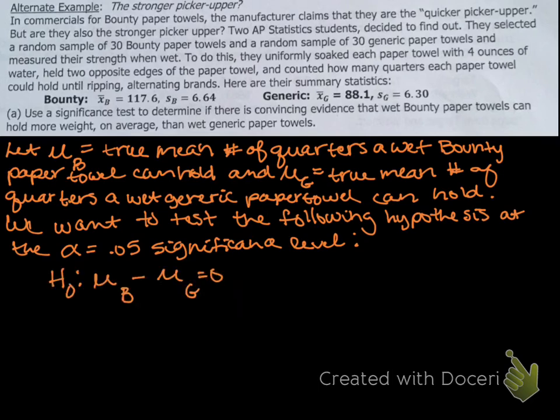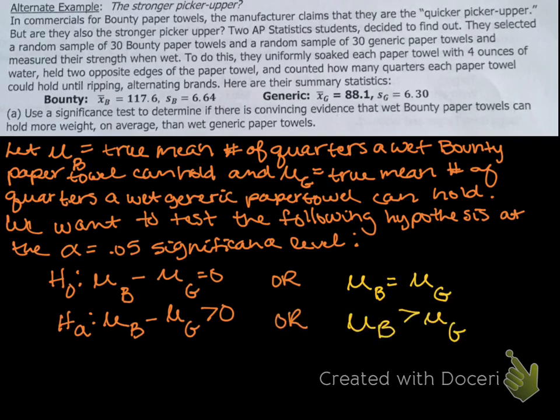My null is mu sub b minus mu sub g equals 0, or preferably, what I prefer, mu sub b equals mu sub g. The alternative is mu sub b minus mu sub g is greater than 0, or mu sub b is greater than mu sub g. Again, I prefer this route because this is what the calculator does, but you can go either way. All right, that was the state.